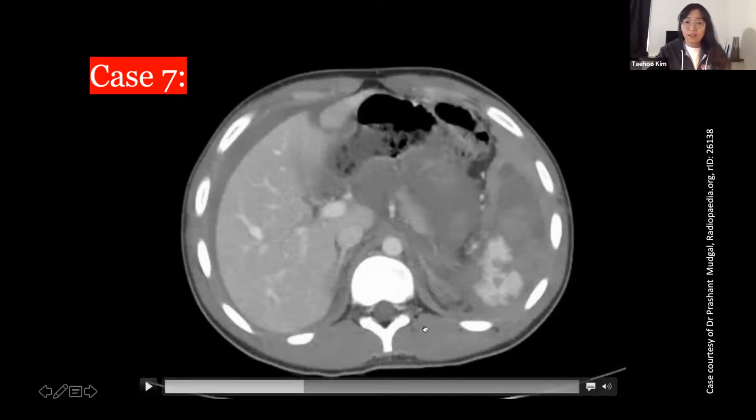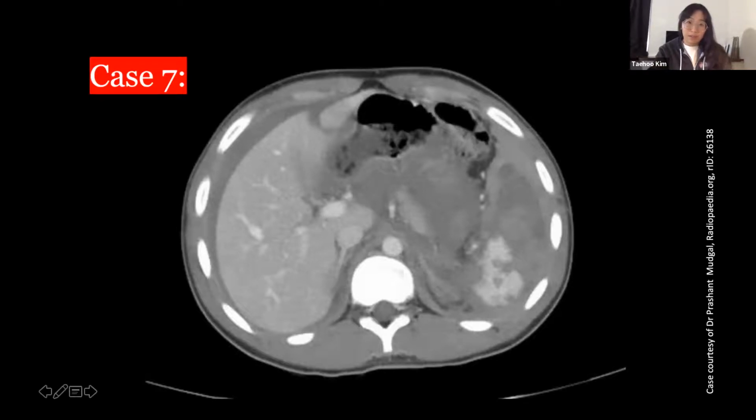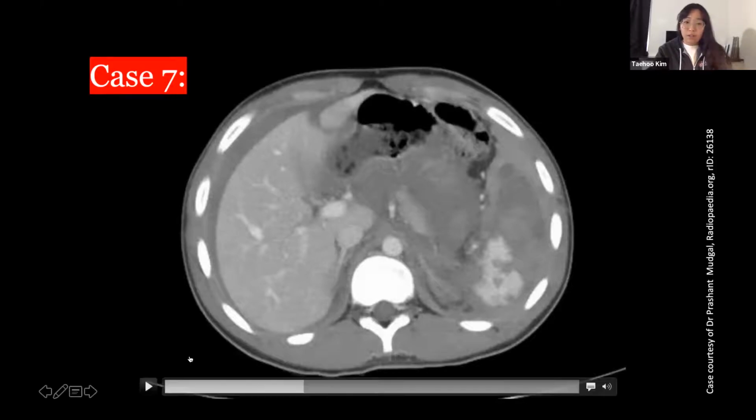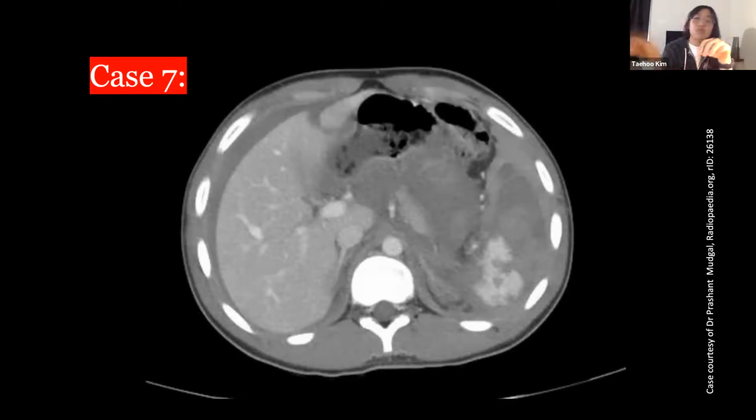So it's another indication. But most of the time you just do classic, which is portovenous phase for any other type of abdominal pain. So focus on portovenous phase, and if you do find something, you can always go to other sequences to correlate. Hope that answered your question.